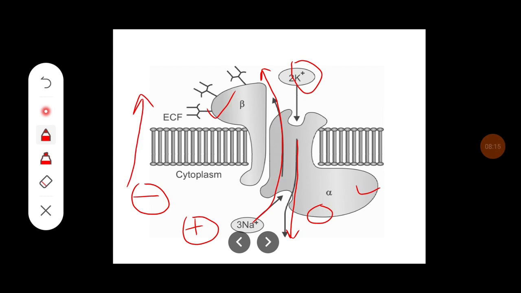That is how the sodium potassium pump also helps in the regulation of the volume of the cell. Another function is that because of the ATPase activity, the heat which is released is very important for cellular functions.